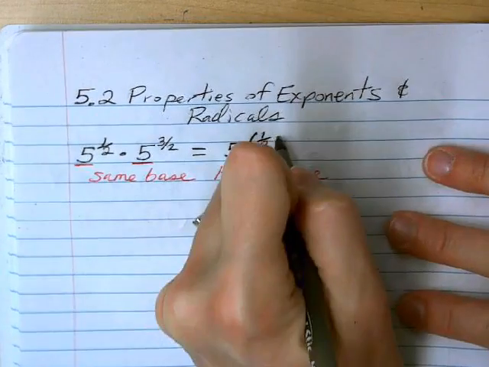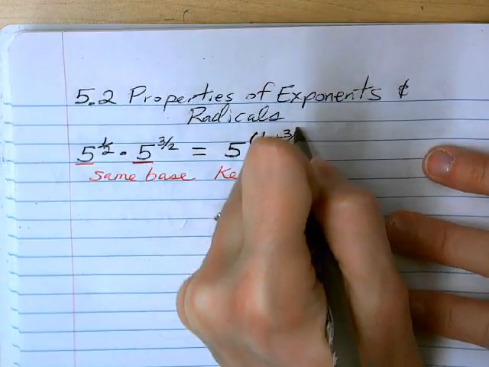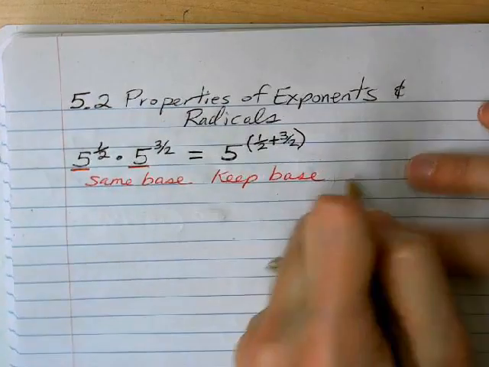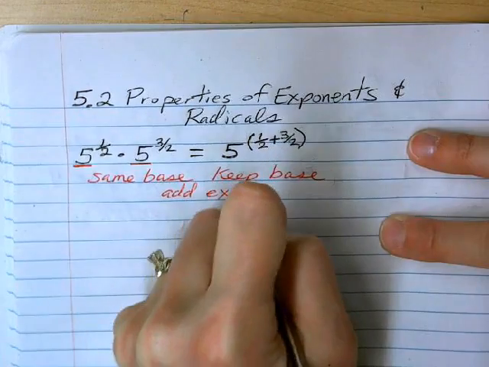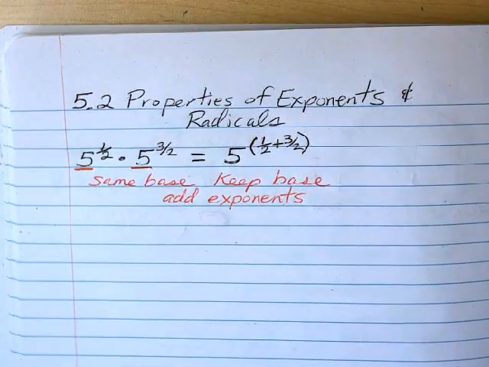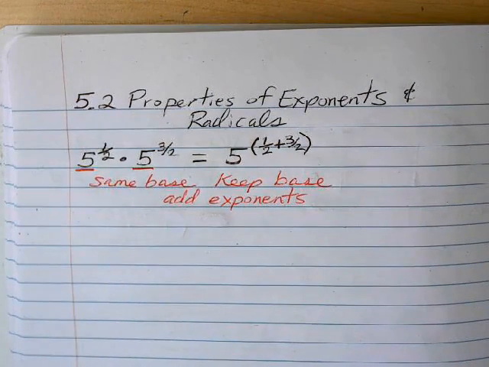You take 1/2 plus 3/2. You add your exponents. So it's the same base, you keep the base, and you add your exponents. You actually learned that before, but it looks harder because this is an Algebra 2 problem.